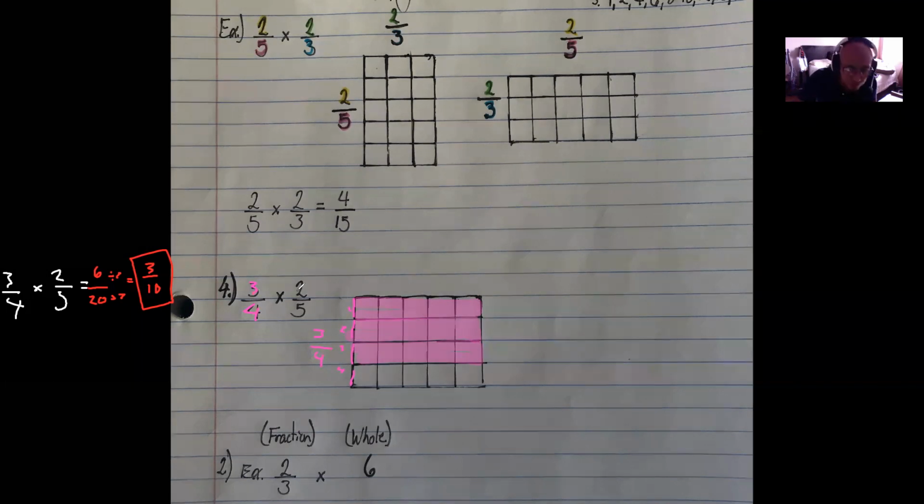We have 2/5, so we need 5 squares. 1, 2, 3, 4, 5. And I'm going to shade in 2 of those columns. So we're going to shade in 1, 2.